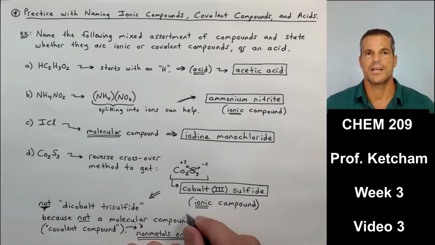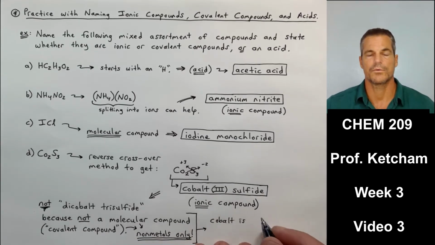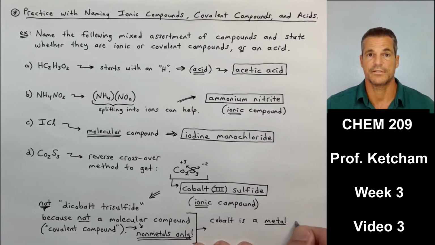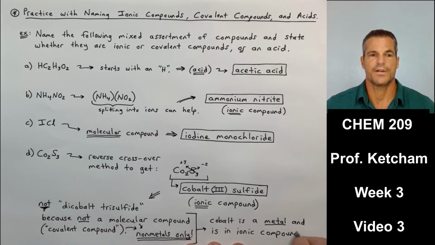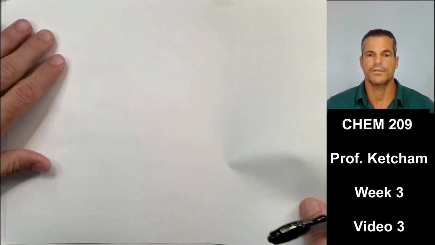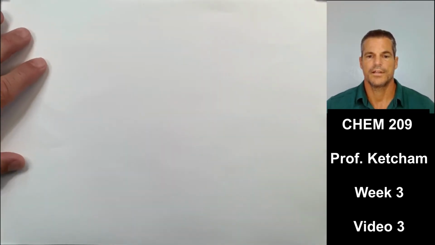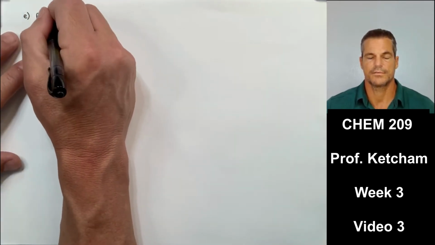So that's the hang up when we do this mixed assortment of compounds: sometimes we get our rules mixed up, so that's why we're practicing today on stuff that we've already gone over. Okay, so we've done A, B, C, and D. And we're making note again down here that cobalt is a metal, and it's in ionic compounds, so there's no prefixes.